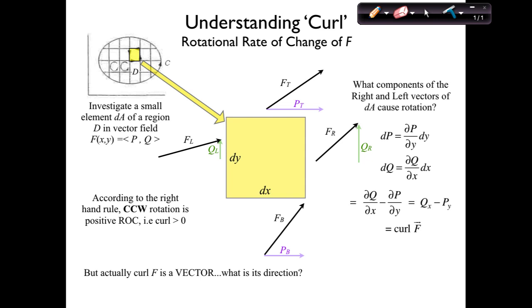So the direction of the curl is orthogonal to the plane of rotation. So the curl of f, here's the magnitude: the magnitude of it is q_x minus p_y, and the direction is going to be k, because the direction of rotation is orthogonal to the plane of that rotation.